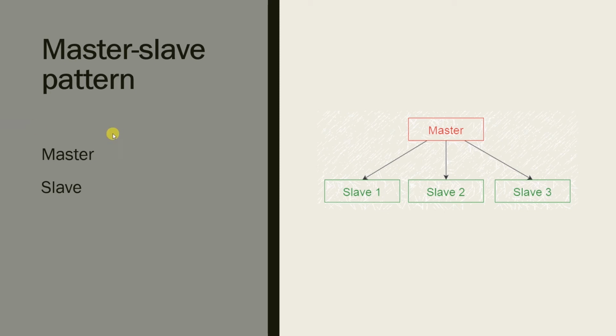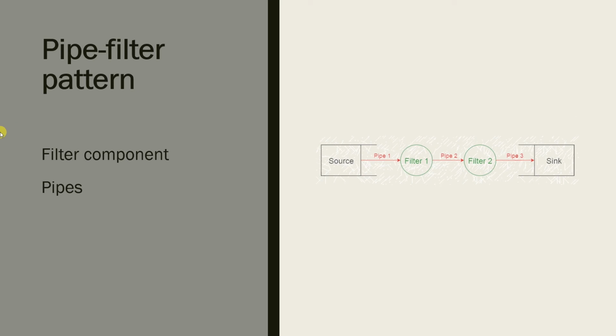The next one is the pipe filter pattern. This pattern can be used to structure systems which produce and process a stream of data. Each processing step is enclosed within a filter component. Data to be processed is passed through pipes.